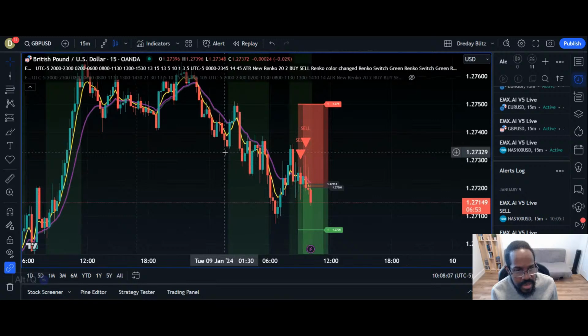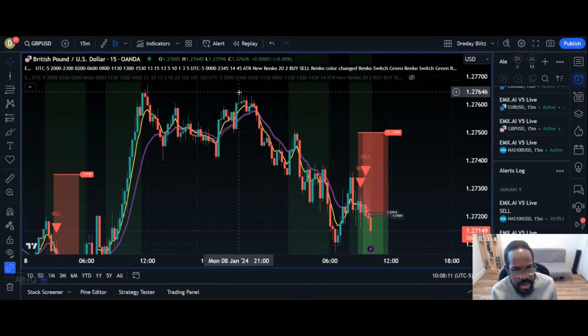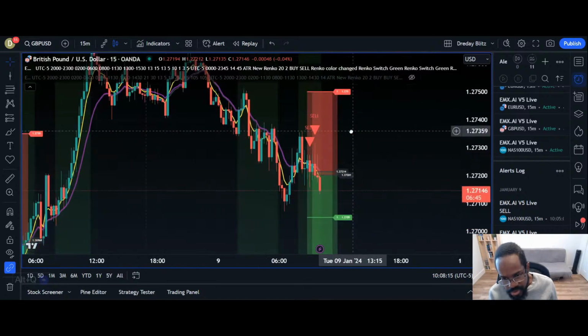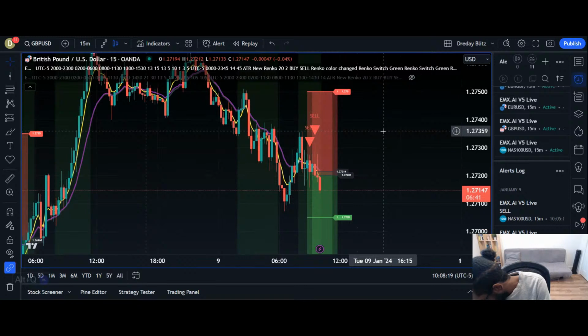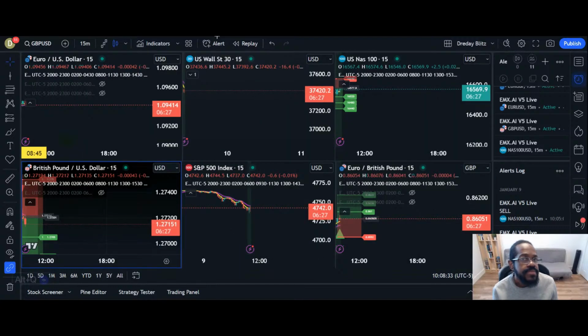I think this was the high of the week that was created here on GU on Monday. So I'm expecting a sell off here overall. But we'll see. Wait and see.